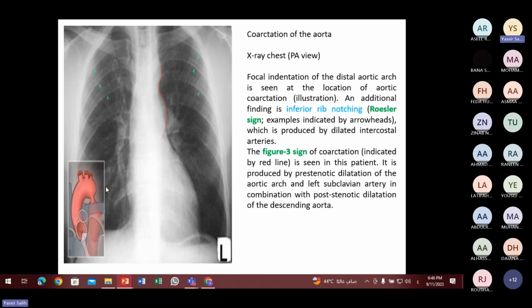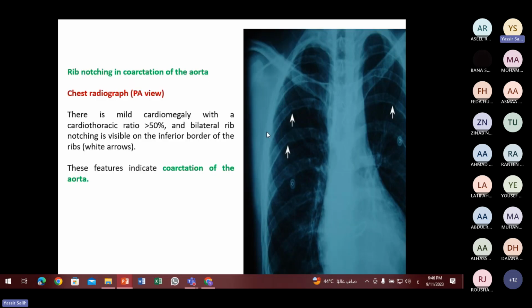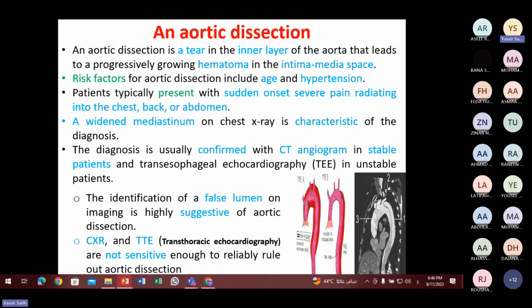This is how coarctation of the aorta is demonstrated on the chest X-ray. As we said, the rib notching is clear here, erosion in the inferior ribs. This is rib notching, which is a sign of coarctation of the aorta.